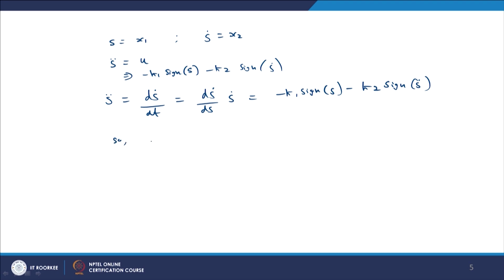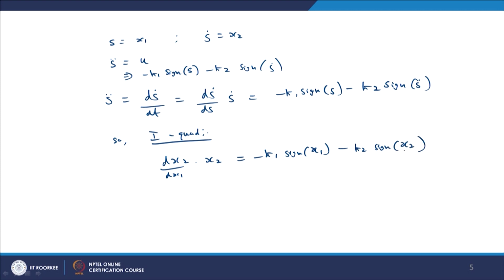So, in the first quadrant, what we prove is, because s equal to x1 and s dot equal to x2, we have dx2 by dx1 into x2 is equal to minus k1 signum of x1 minus k2 signum of x2, which can be written like this: x2 dx2 is equal to minus of k1 plus k2 into dx1, depending on the sign of x1 and x2 in the first quadrant.